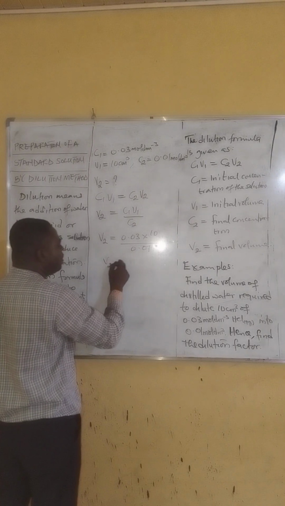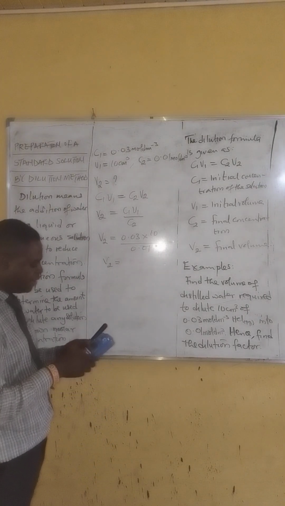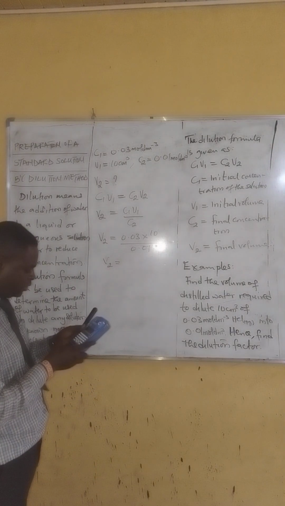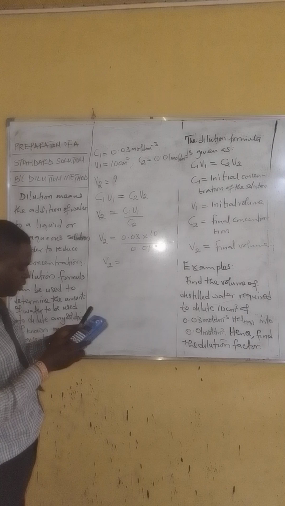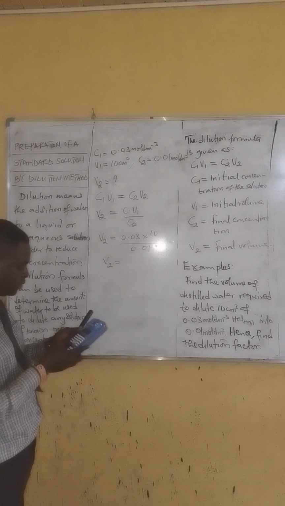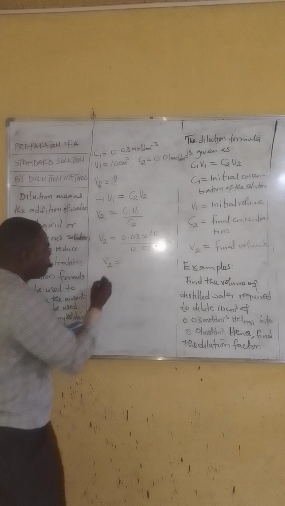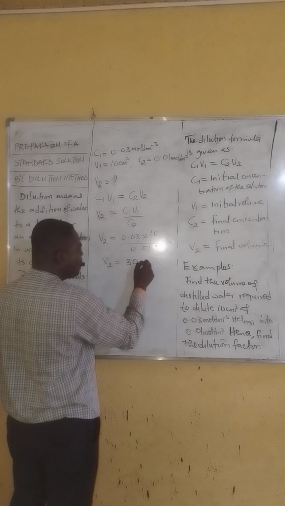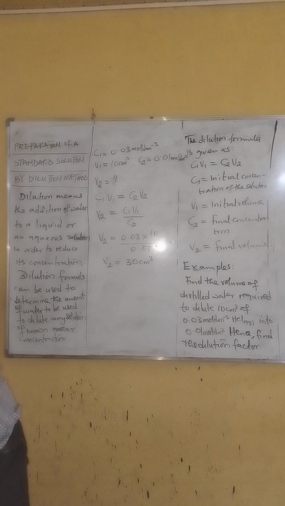Our V2 will now be 0.03 times 10, then divided by 0.01. The answer is 30 cm³.